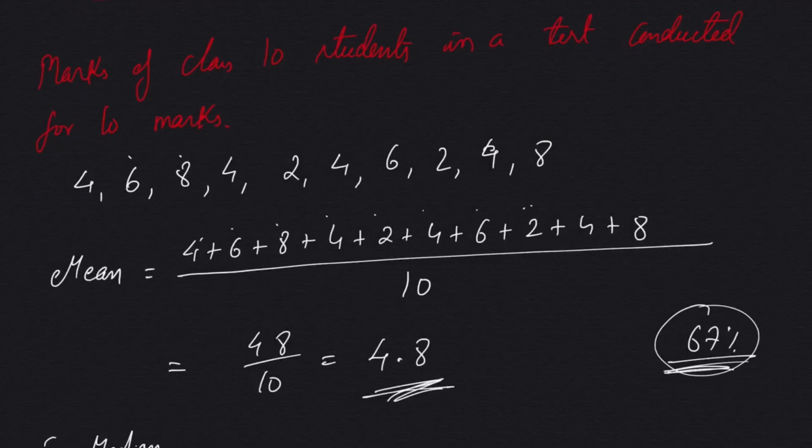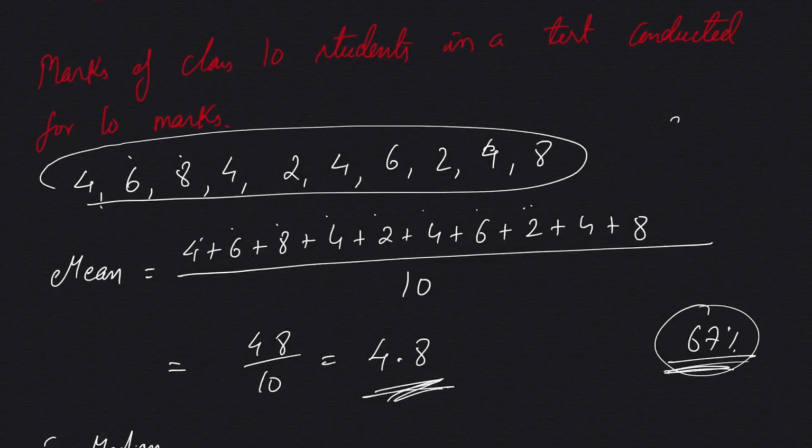It's nearby, around about 4, because the average is not 0 or 1 or 10, it is 4.8. So the values are between 2 and 8, with the minimum value 2 and the maximum value 8, so it will be approximately 4. So average gives us almost the middle value.